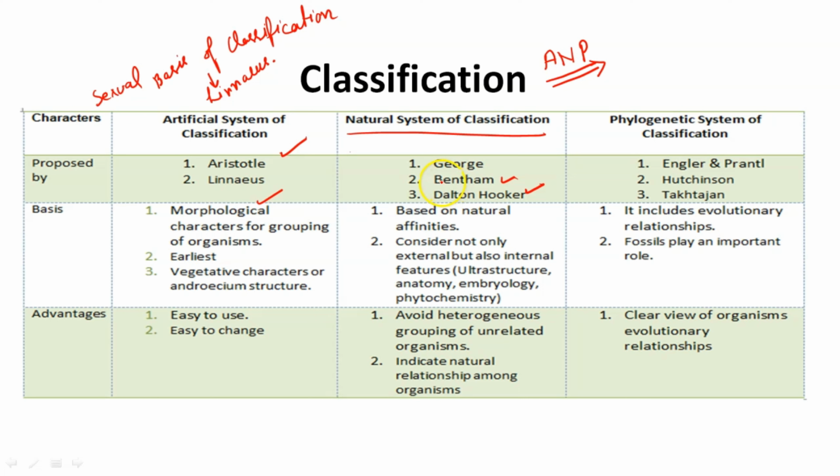Even today it is accepted the most. For example, in old botanical gardens and herbariums, the natural classification is accepted the most. In natural classification, we considered the most natural possible closeness of organisms. That's why the word used here is natural affinities.